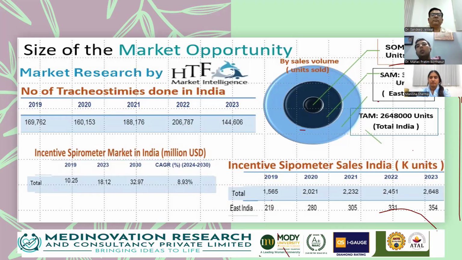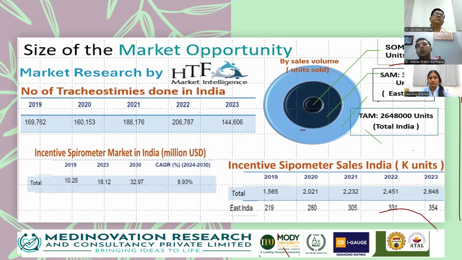Then of this, what units we can attain. Okay. So the total market will be the total market of entire India. Entire India was around 26,48,000. Of that, East India was 3,54,000. Then that is addressable market. And of that, we have to be realistic. So we thought that we'll take 10% of that share.